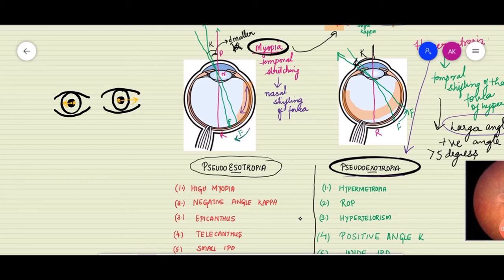So it will give an appearance as if the eye is shifting inside, as if it is an inward deviation of the eye. Because this is just an apparent inward deviation due to the smaller angle kappa in myopes, this is called pseudoesotropia.